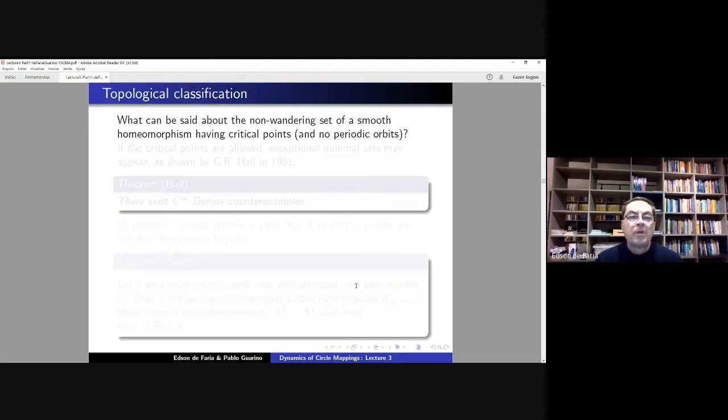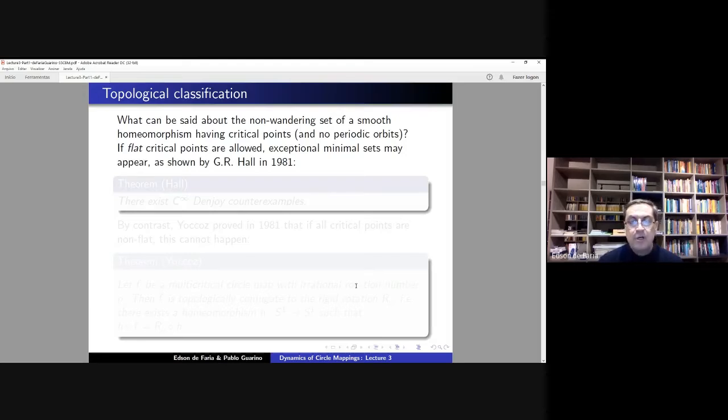So what about the topology of such maps? Suppose you have a multi-critical circle map, and it's a homeomorphism. If there are no periodic orbits, then there are two things that can happen with the non-wandering set of these maps. It can either be the full circle, so the map is minimal, or it could be an exceptional minimal set. So the question is, can the second alternative happen? It turns out that it can if you allow flat critical points.